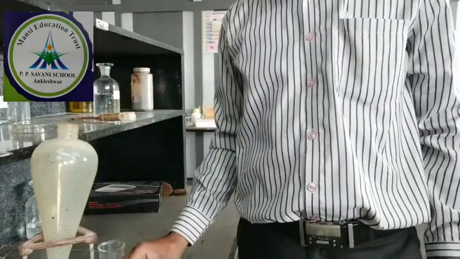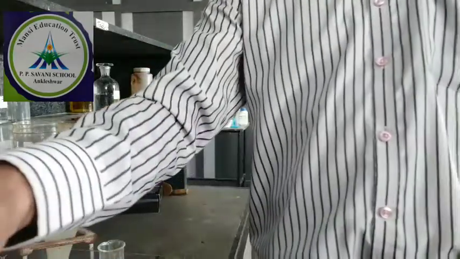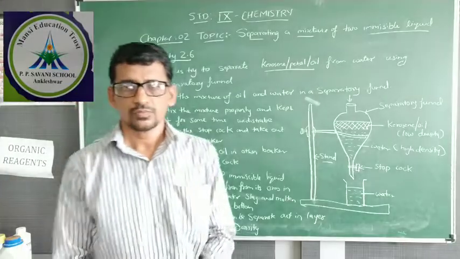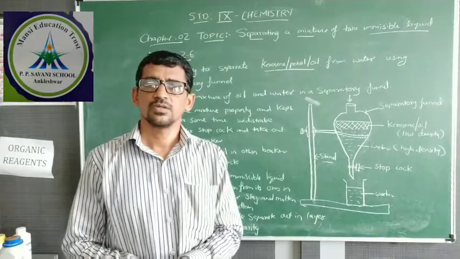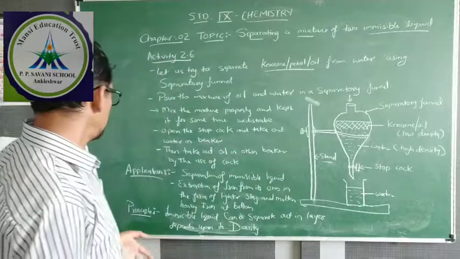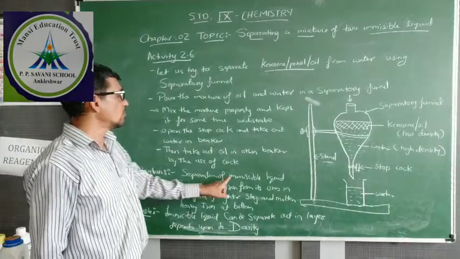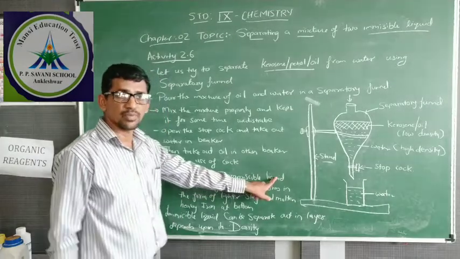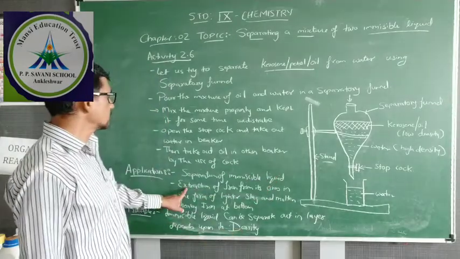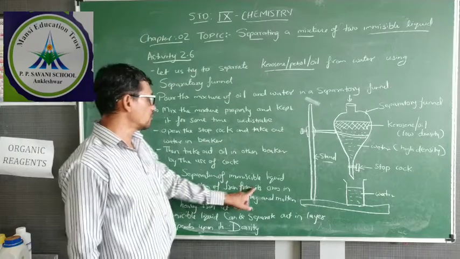We discussed the result: by this method oil and water can be separated. Another application is the separation of immiscible liquids in industry. First is the extraction of iron from its ore.